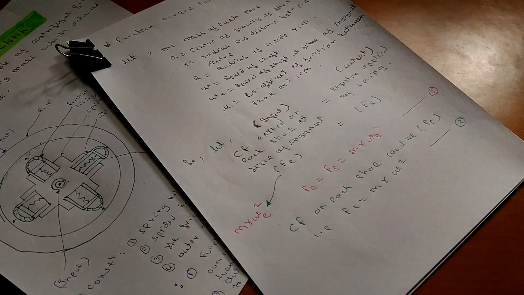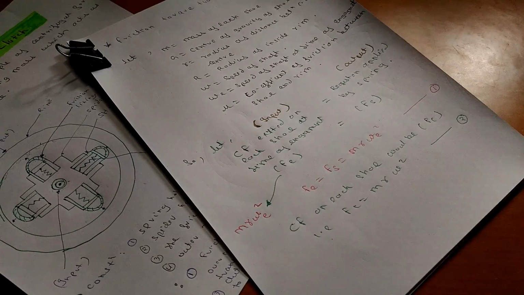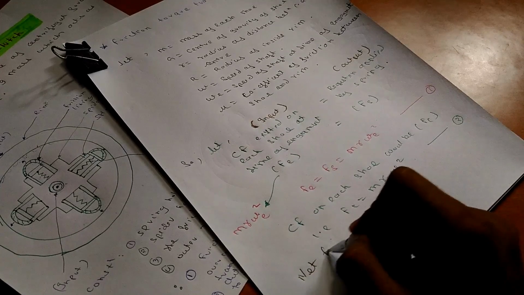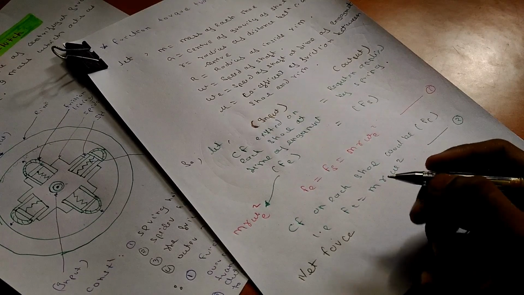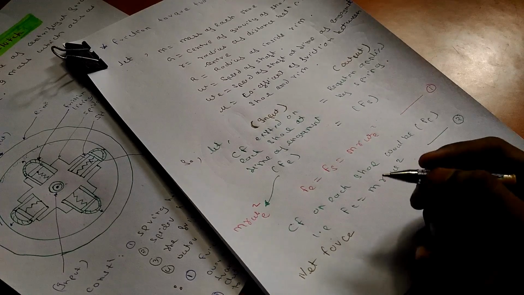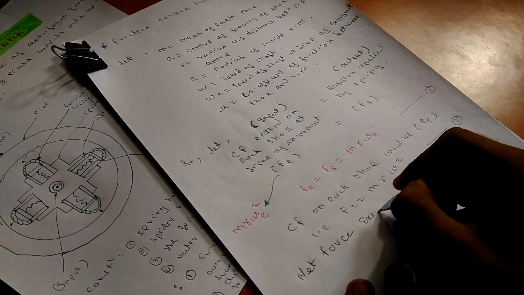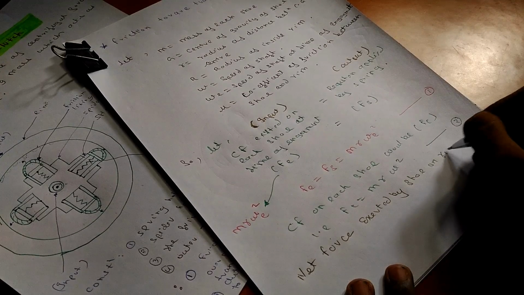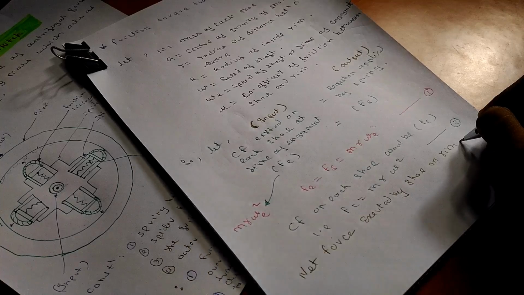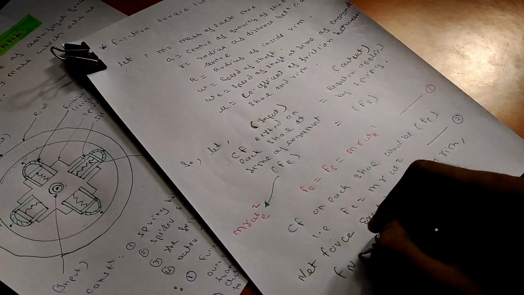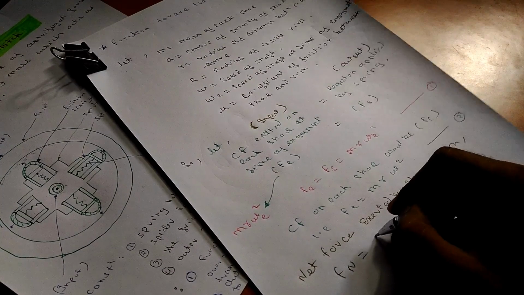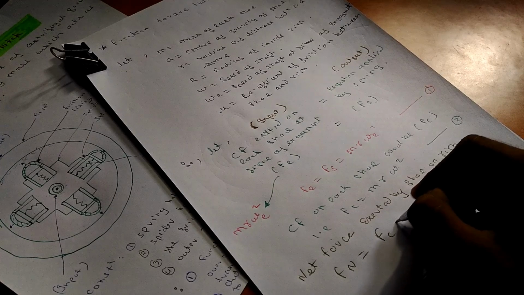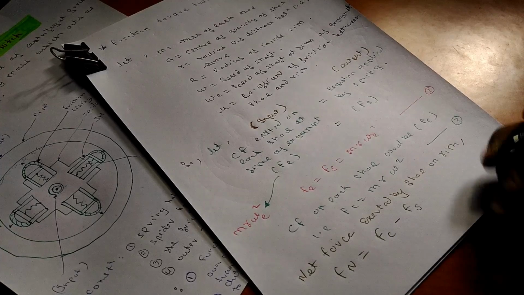And now the net force exerted by the shoe on the rim can be found out as net force equals centrifugal force minus spring force.